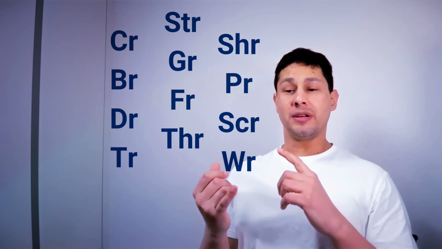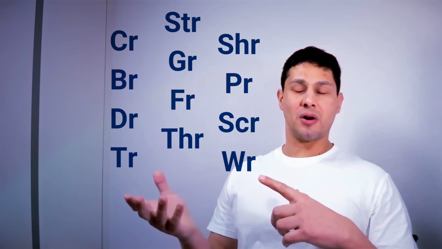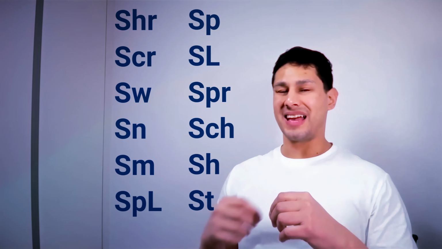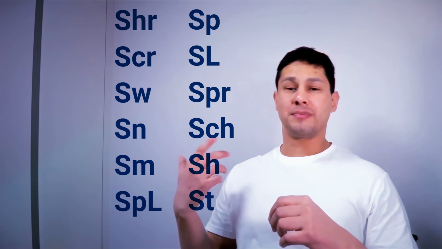For consonants, I break these into 3 classes. The first class is going to be the R sounds. That's going to be CR, BR, TR, PR, THR, etc. The second class is going to be the S sounds. So that's going to be SW, SN, SM, SL, SPL, SPR.